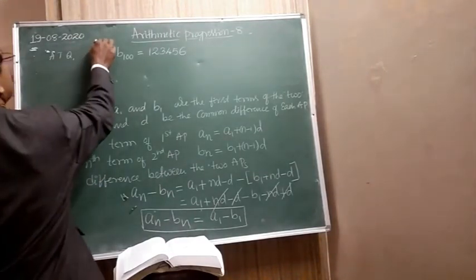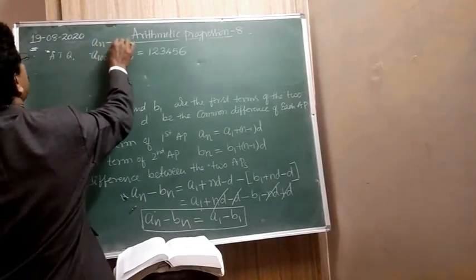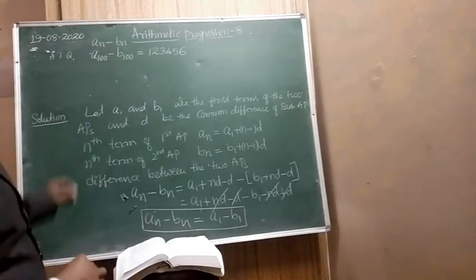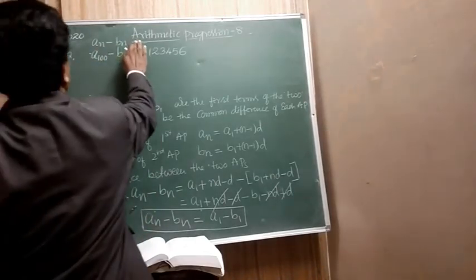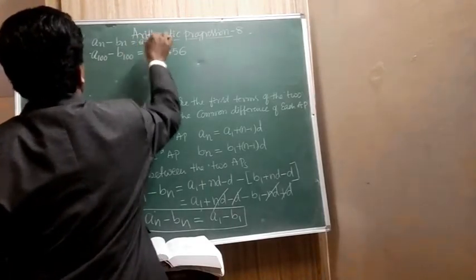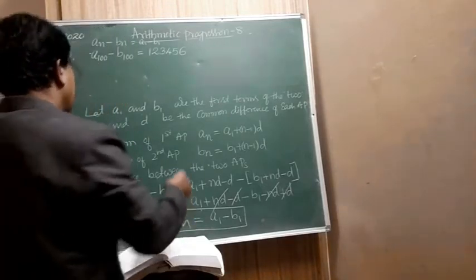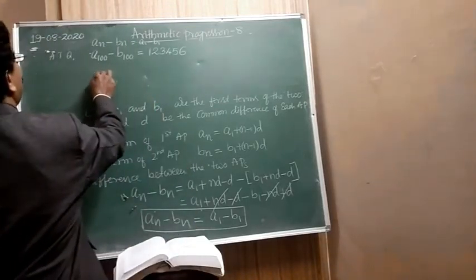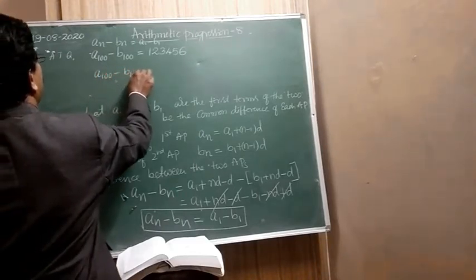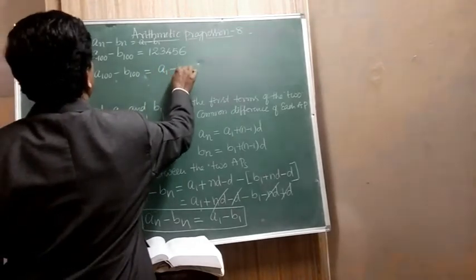Here, look at this. This is what? AN minus BN. AN minus BN is equal to A1 minus B1. Clear? So here A100 minus B100 is equal to A1 minus B1.